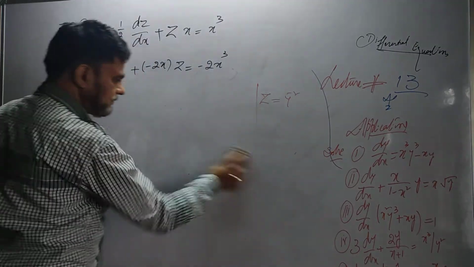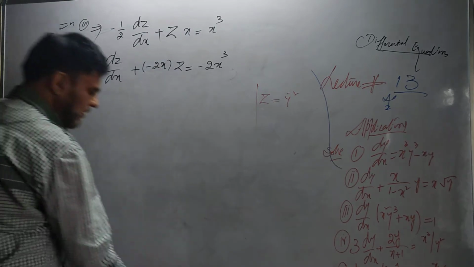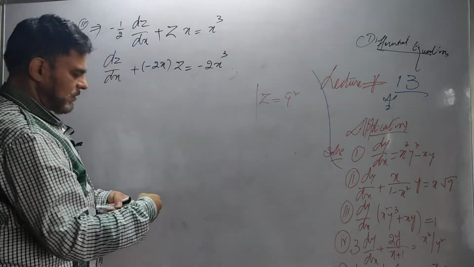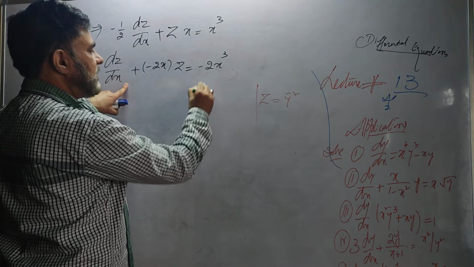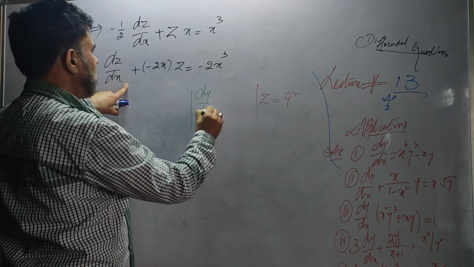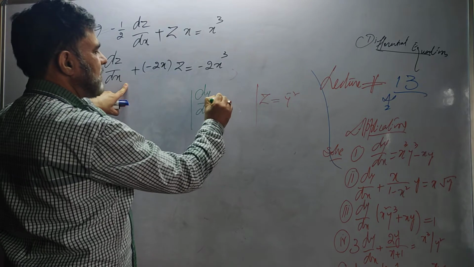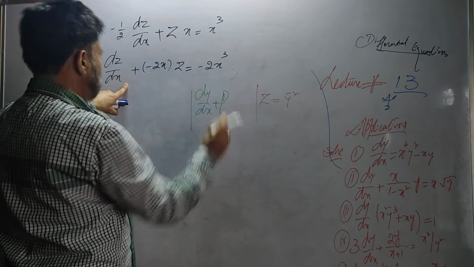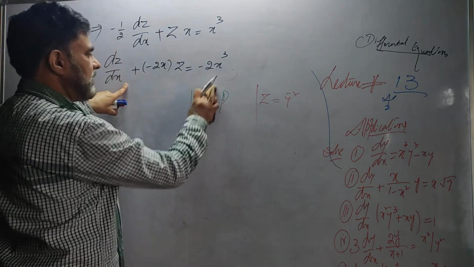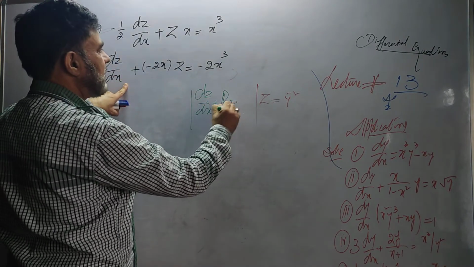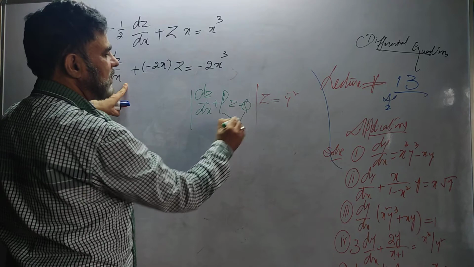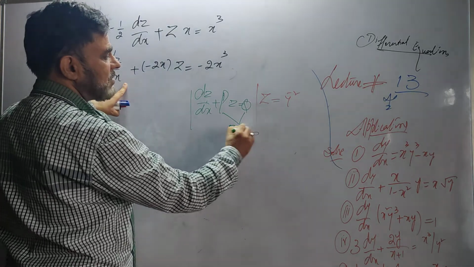Now you see, this is now a standard form of the linear differential equation. Which form is it? It is dz by dx plus p of z is equal to q, where p and q are functions of x.